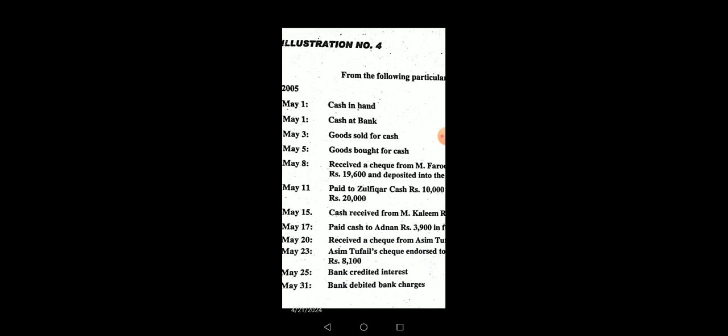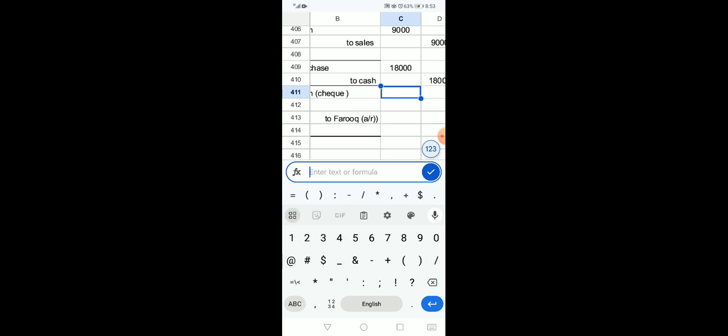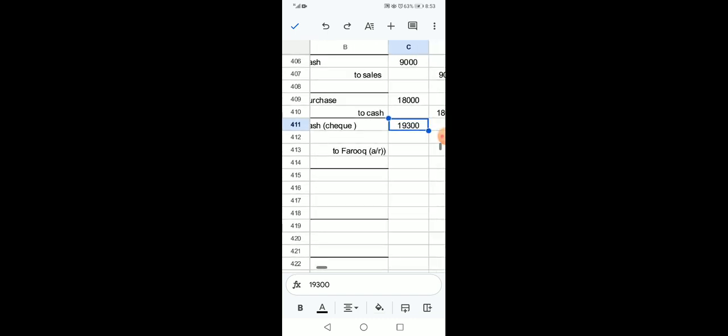Here is our entry. The check you have received is for 19,300. So initially we will write the amount of 19,300 in front of check, which temporarily we have considered as cash.